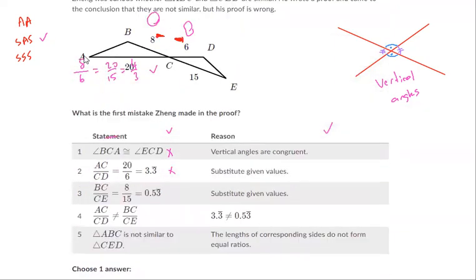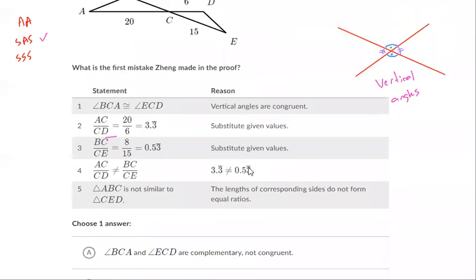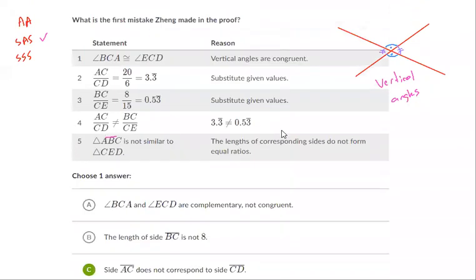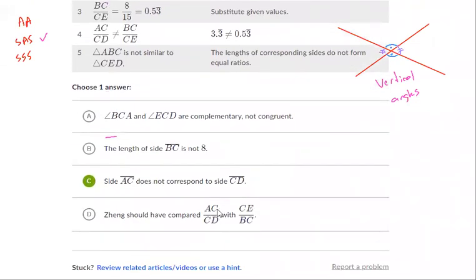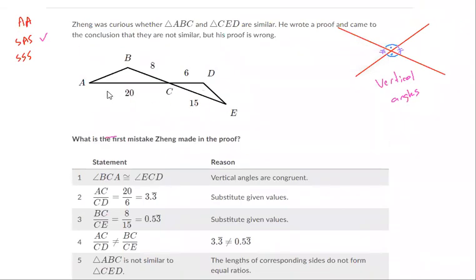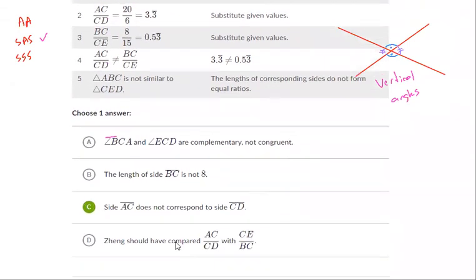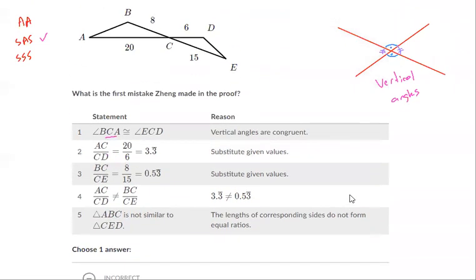Let me check that one as well. No, AC and CE have to be taken as the ratio. They have to be compared, AC and CE, because AC is my larger side and this is my larger side of those two. So that's wrong as well. Okay, so I'm coming up with C, so that needs to be our answer. Okay, yeah, that is correct.